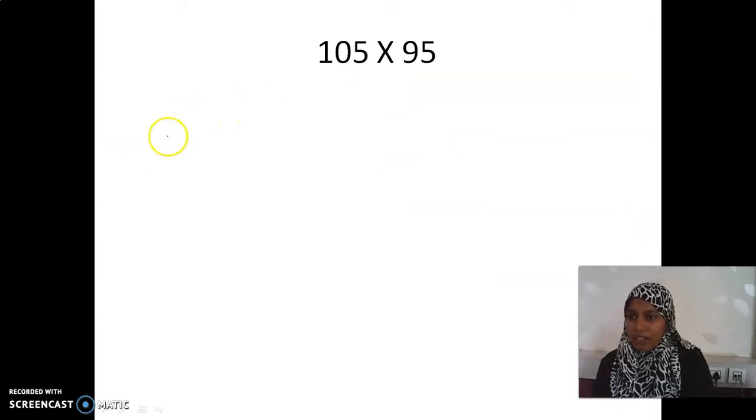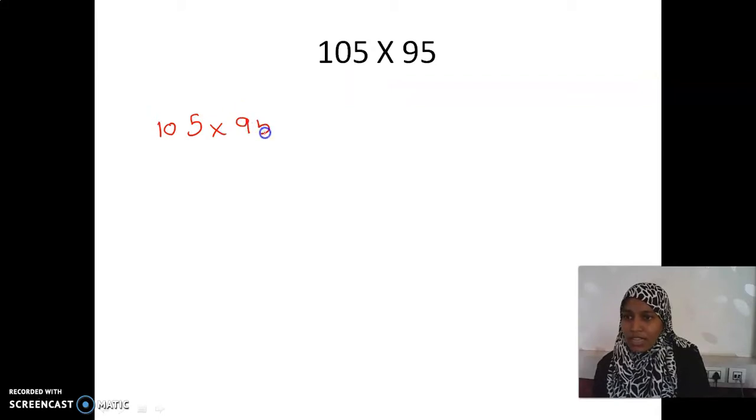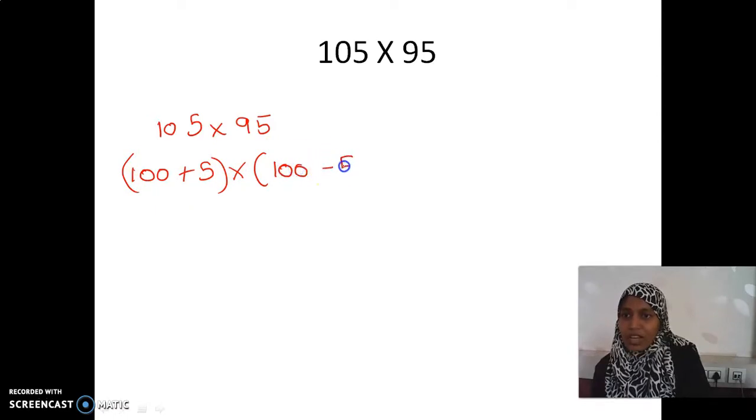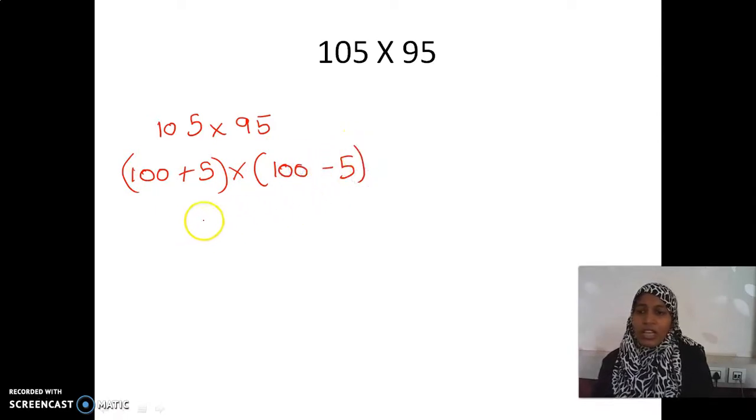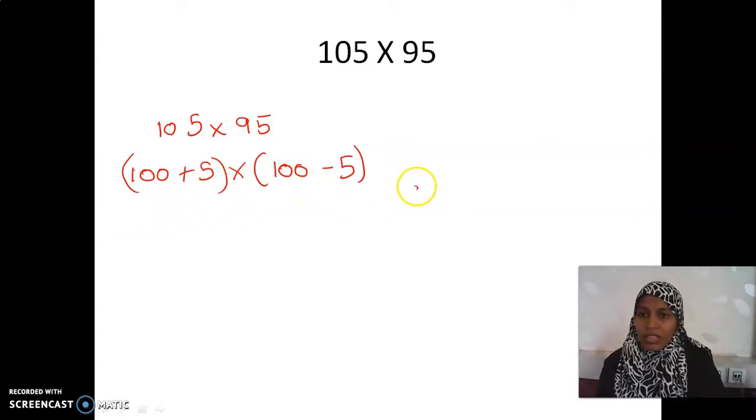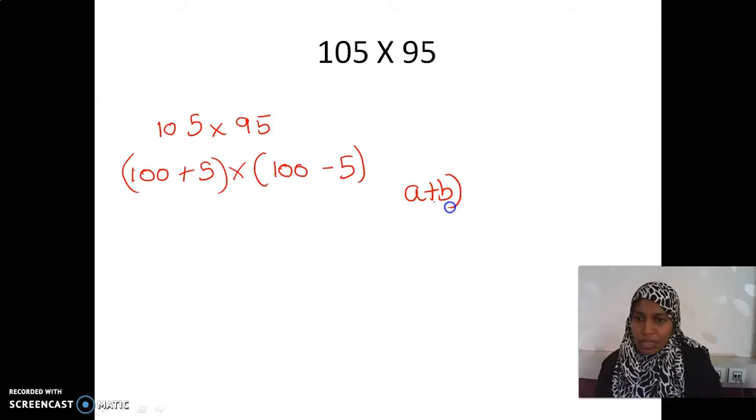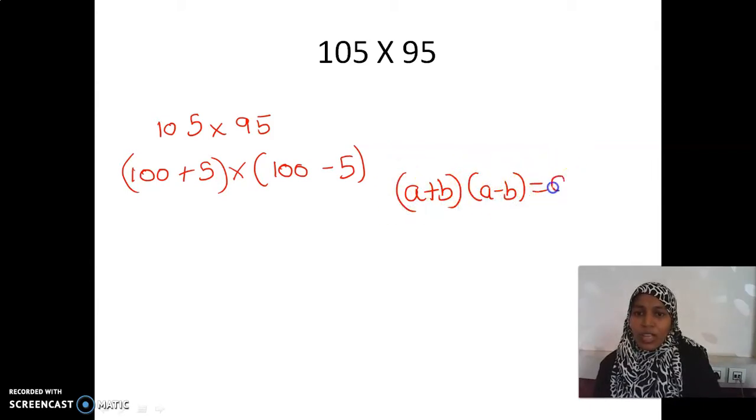See, this 105 into 95 can be written as 100 plus 5. What about 95? Yes, it is 100 minus 5. Now, which identity can be matched up with this expression? It is (a plus b) into (a minus b) is equal to a squared minus b squared.